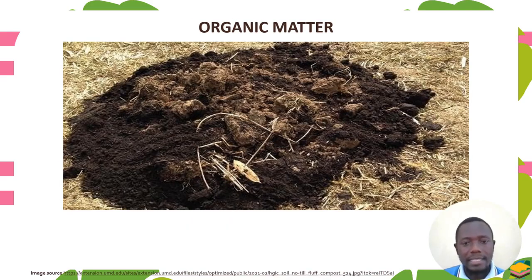So this is just a picture of soil containing humus. It is black in color, and that black color helps to absorb the heat as well as raising the temperature of the soil.